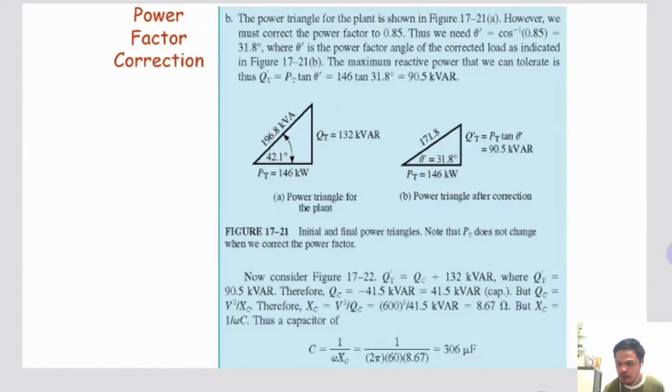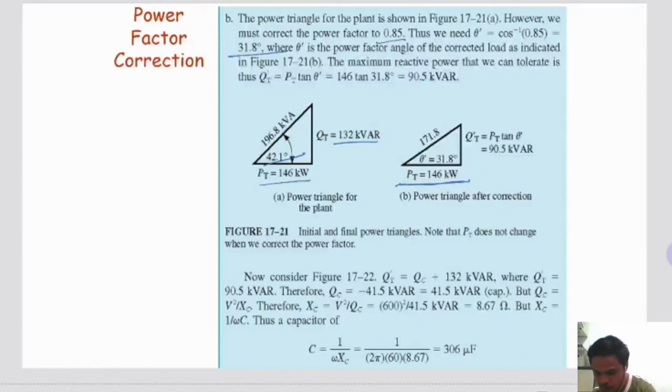So here we have power factor angle equivalent to 42.1 degrees, okay, based on Q total and P total. To bring back the power factor up to 0.85, we have cosine inverse of 0.85 is 31.8 degrees.